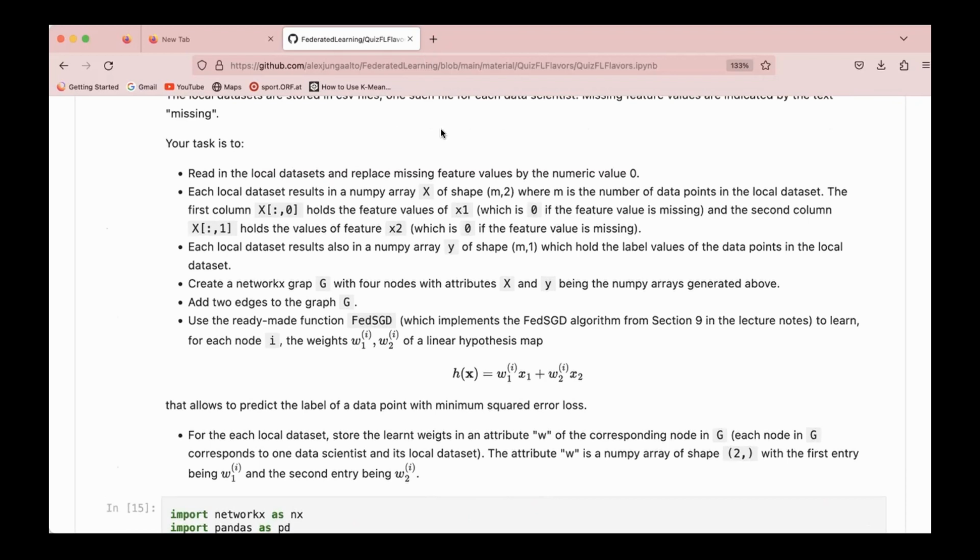This is a design constraint by me. You have to place them between two different nodes. Then you're only allowed to use this ready-made implementation of federated stochastic gradient descent to learn weight vectors. You have to learn a weight vector of length 2 for each data scientist: one for Annika, one for Helene, one for Emily, and one for Isabella.